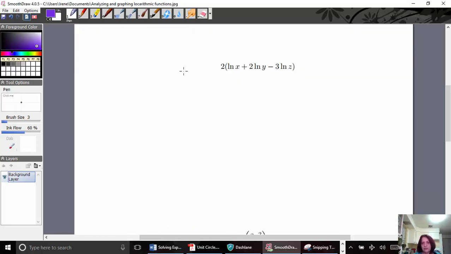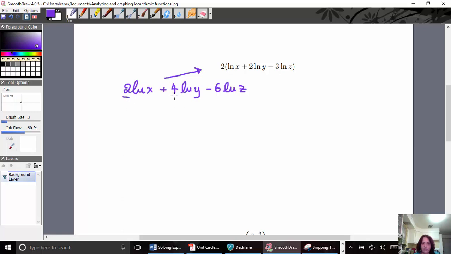Let's look now into another logarithm. I will expand by distributing the 2 to each one of the logarithms. Right here I have the natural logarithm. 2 times 2 is 4, ln of y, the second term. 2 times negative 3 is negative 6, ln of z.